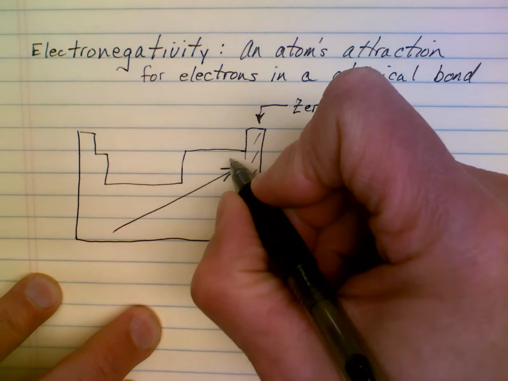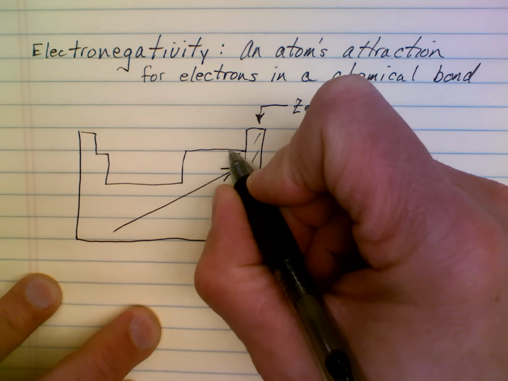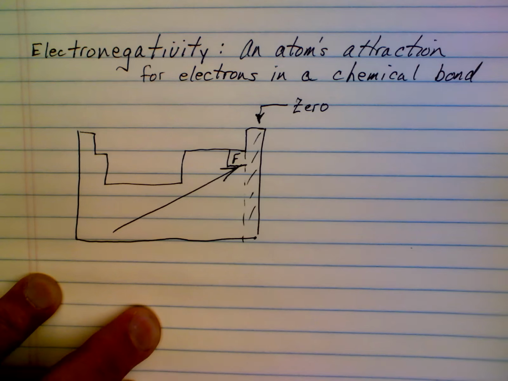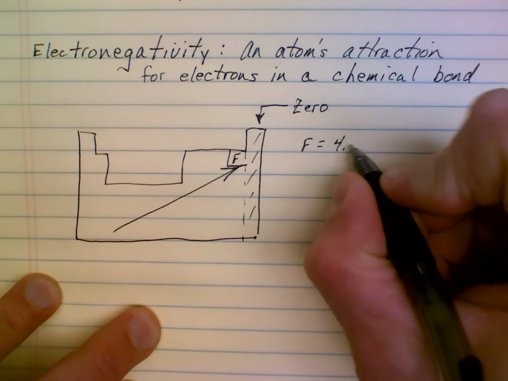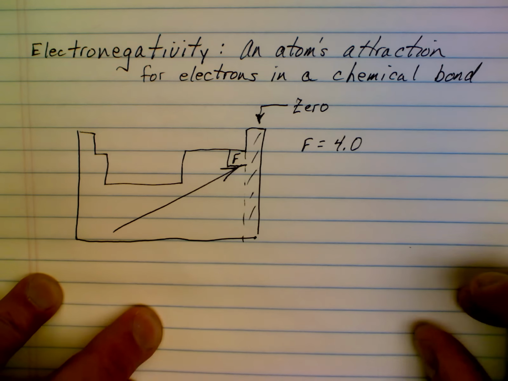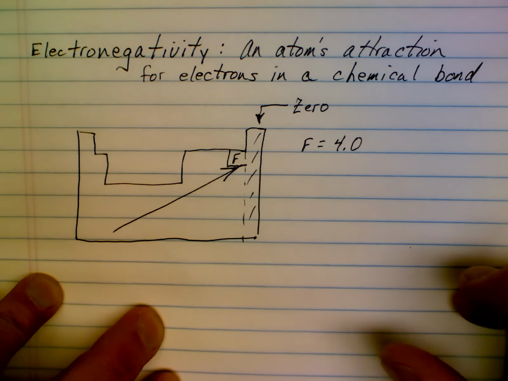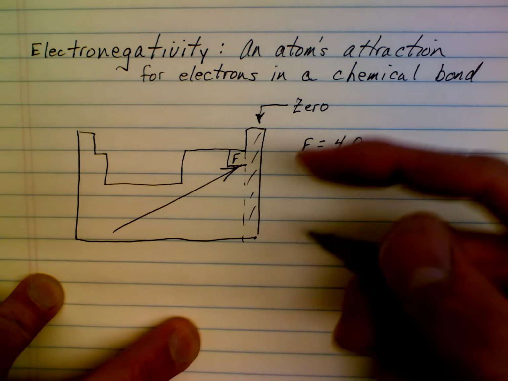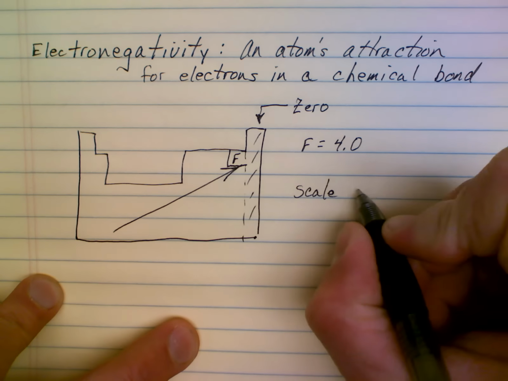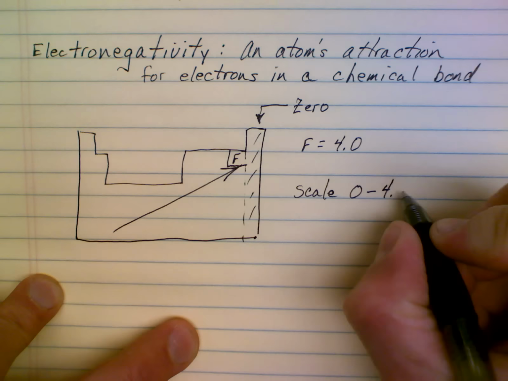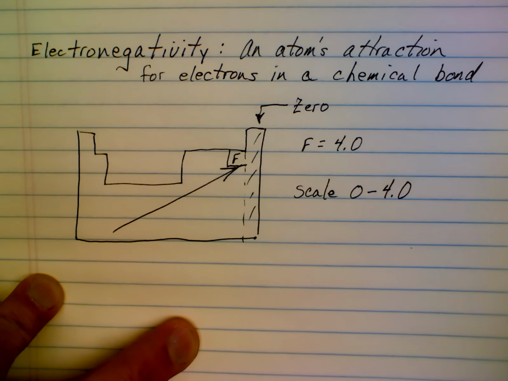And fluorine, being in the upper right corner, will have an electronegativity of 4.0. Now, the electronegativity is on a unitless scale that just goes from 0 to 4. So the scale is simply from 0 to 4, and again, it's unitless. It's just an arbitrary kind of scale.